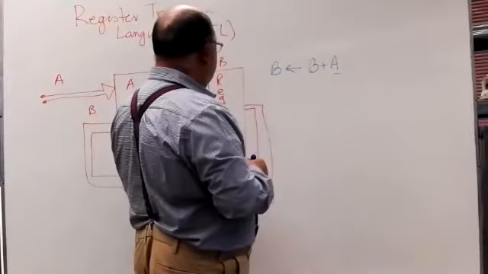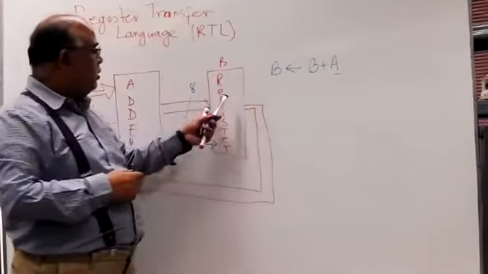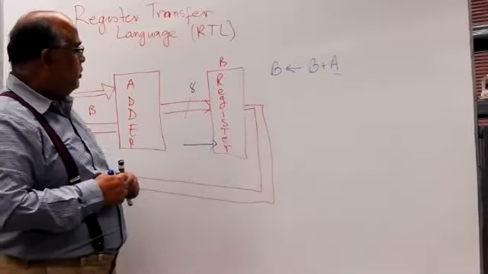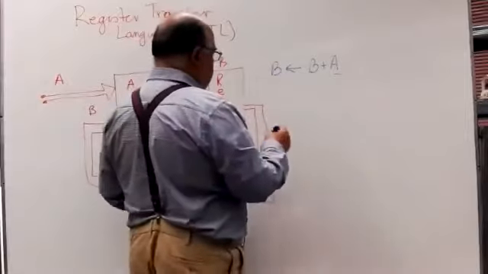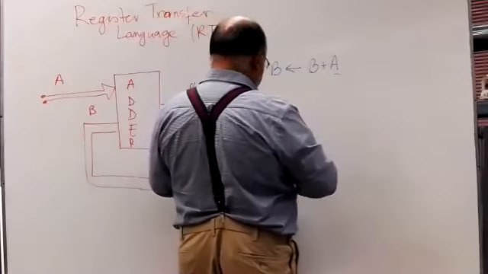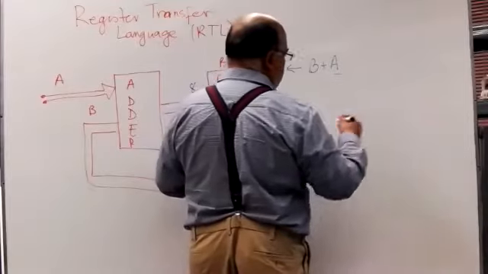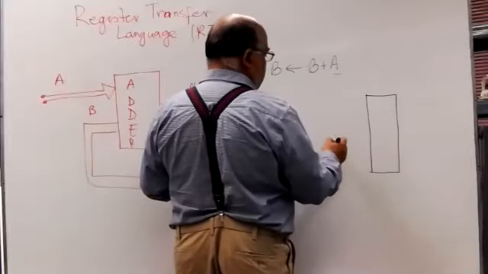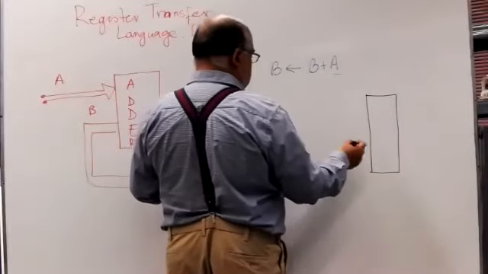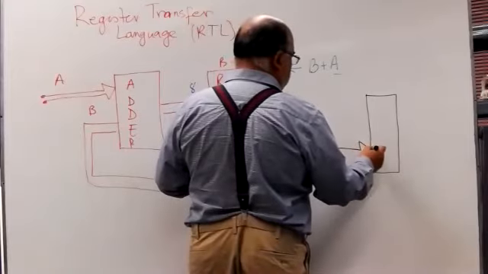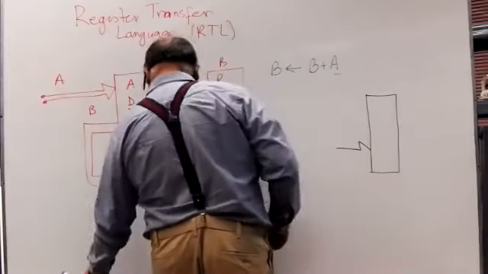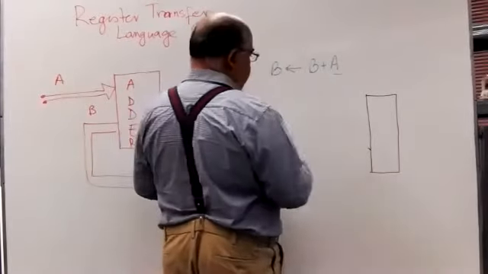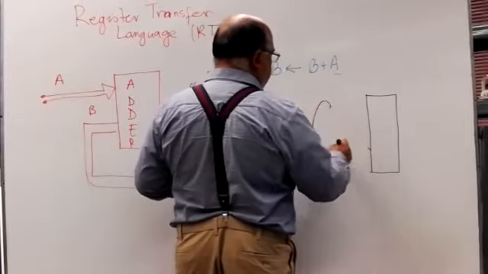Second thing is that, as I said, you do not reset these registers. You cannot reset these registers. So what you do here is that with this register, you use two inputs. One input, you use a multiplexer. Now I'm going to draw another symbol for a multiplexer.